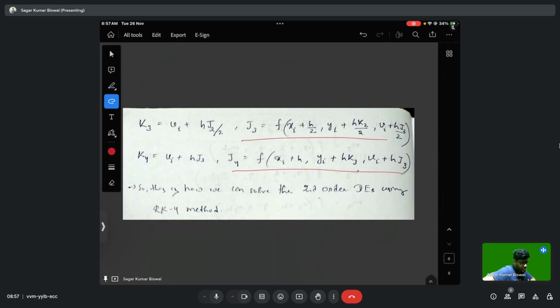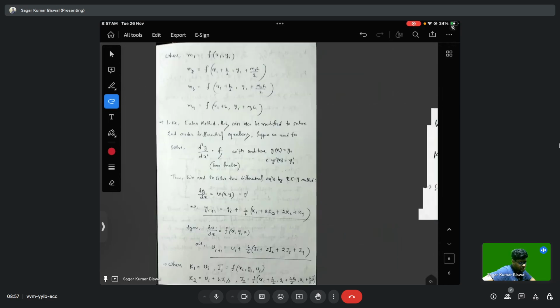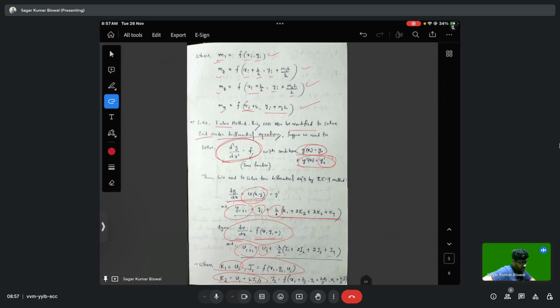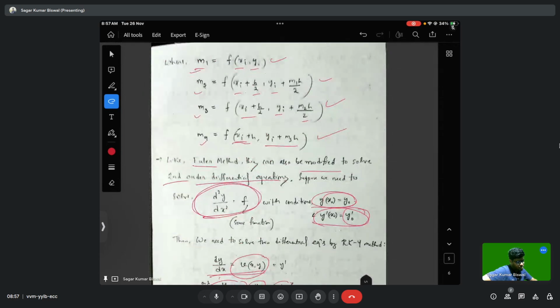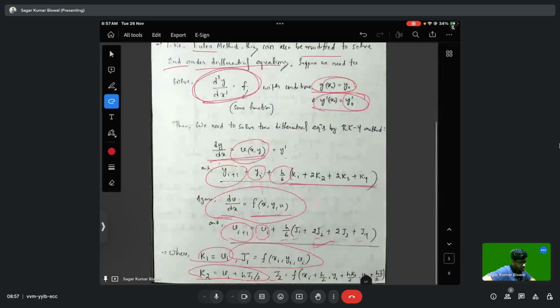These j1, j2, j3, j4 are found from the Runge Kutta methods.